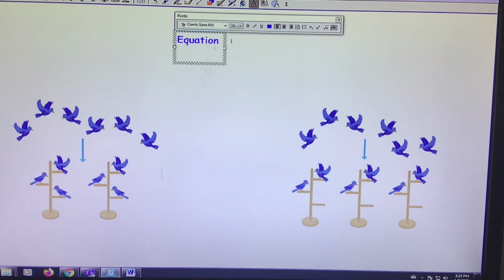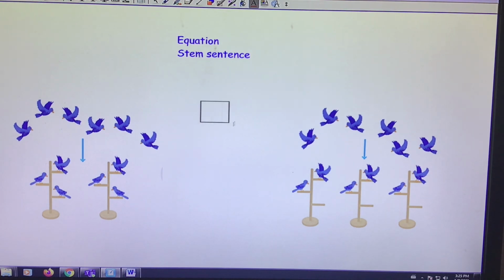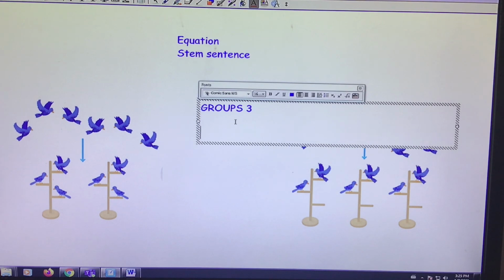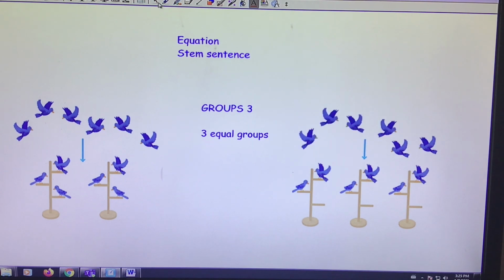I would also like you to write the stem sentence for each drawing. Make sure that you get them the right way round. You will need to think about which diagram shows groups of 3 and which diagram shows 3 equal groups. You can always rewind the video if you are unsure.